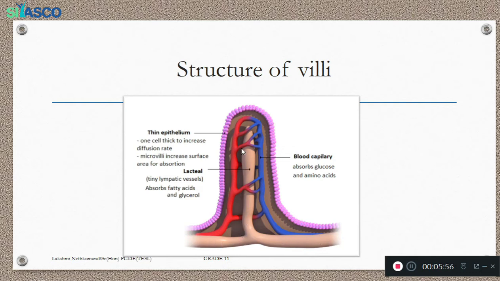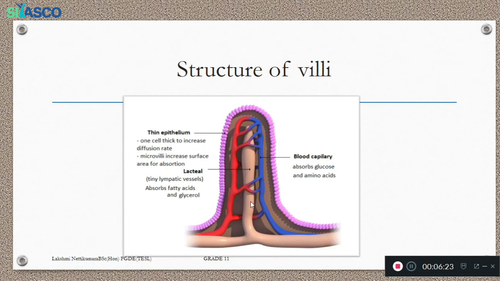This lymphatic vessel, named the lacteal, absorbs the fatty acids and glycerol. Now remember, the end products of carbohydrates and proteins get into the bloodstream directly, and the end products of the lipids, that is fatty acid and glycerol, go into the lacteal.